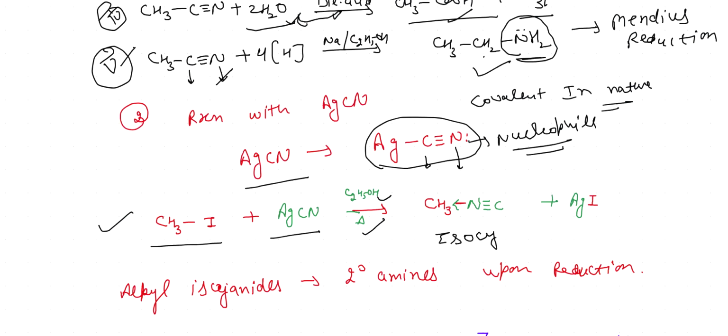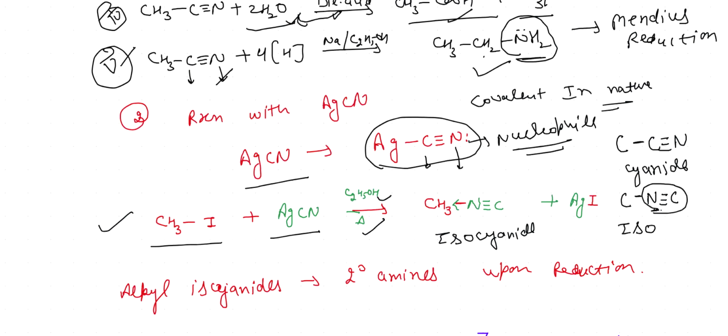Isocyanide. When there is formation of a bond between carbon and the carbon of the cyanide group, then we term it as cyanide. When there is formation of a bond between carbon and nitrogen, and the nitrogen comes from the cyanide group like NC, then we call it isocyanide.